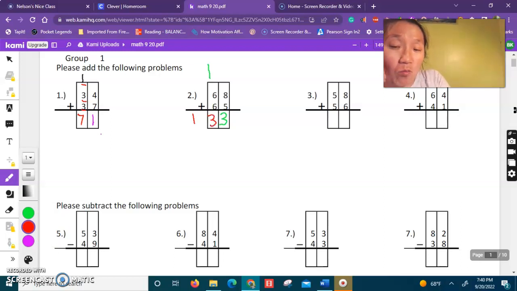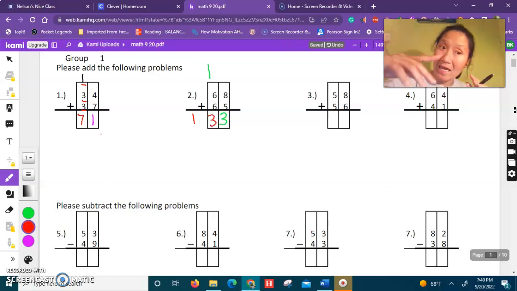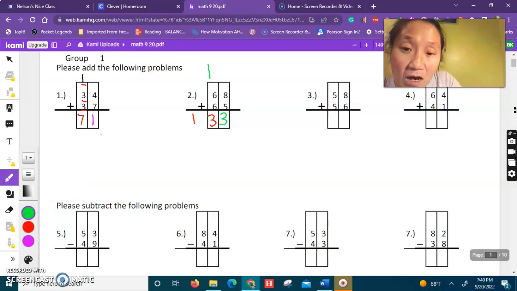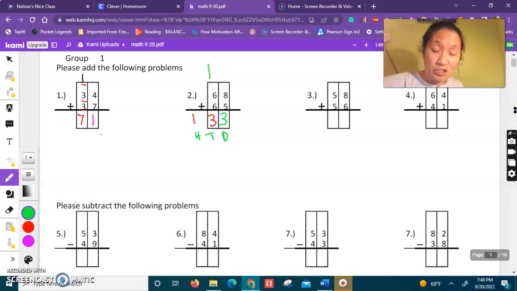And I carry my 1 over here, because remember, I can't put the 1 inside with the 3. I gotta move it over to the next place value, because this is the hundreds, the tens, and the ones. Okay, so this is the hundreds, the tens, and the ones. HTO.